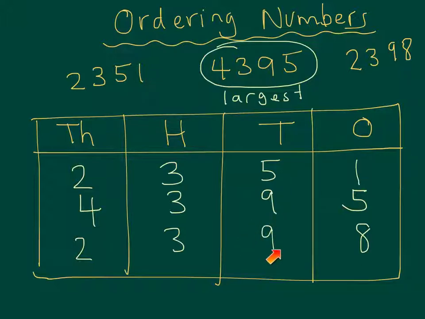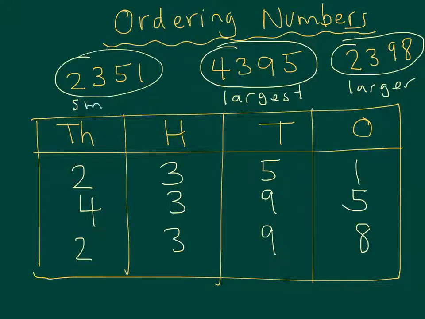So I can tell this number has a larger tens value. Therefore, this entire number is larger. And then, of course, that would make this one the smallest. So I'm going to write smallest.